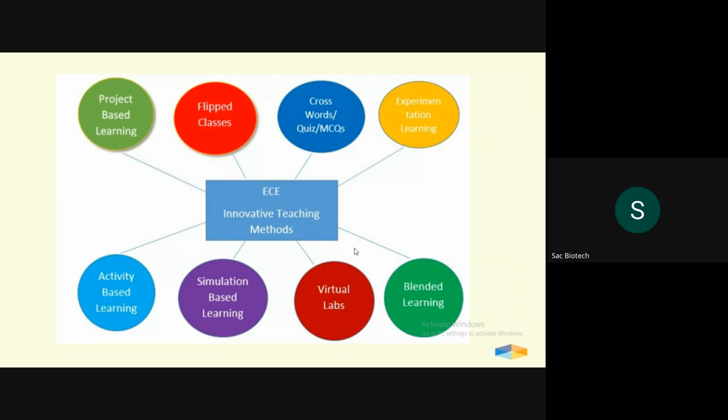Then there is activity-based learning. These are being used in school teaching. Many of them are nowadays using activity-based learning. Then simulation-based learning, yeah, it's a very good method nowadays. People are using it. It's called SBL, simulation-based learning. It is a teaching methodology that uses simulated scenarios which help people to learn and practice skills.